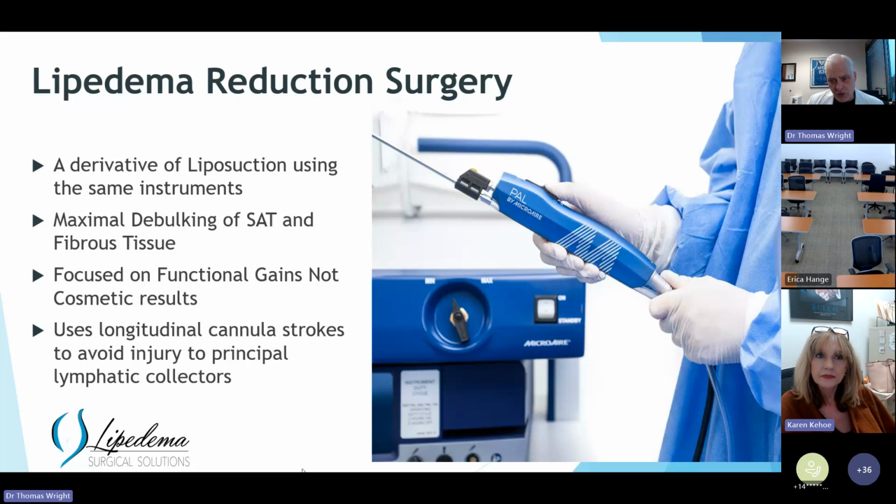In cosmetic surgery, you remove only the optimal amount and leave some to get the best cosmetic result. Here you're focusing on maximal debulking, and you want to remove not just the adipose tissue but the fibrous nodules that occur in lipedema. It is focused on functional gains, not cosmetic results. There are also special techniques we use, longitudinal cannula strokes, to avoid injury to the principal lymphatic collectors. I'm going to explain that a little more in the next slide.